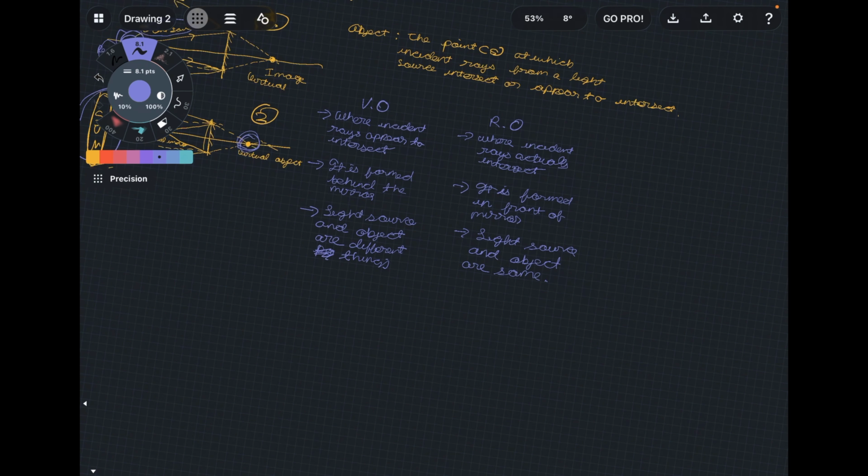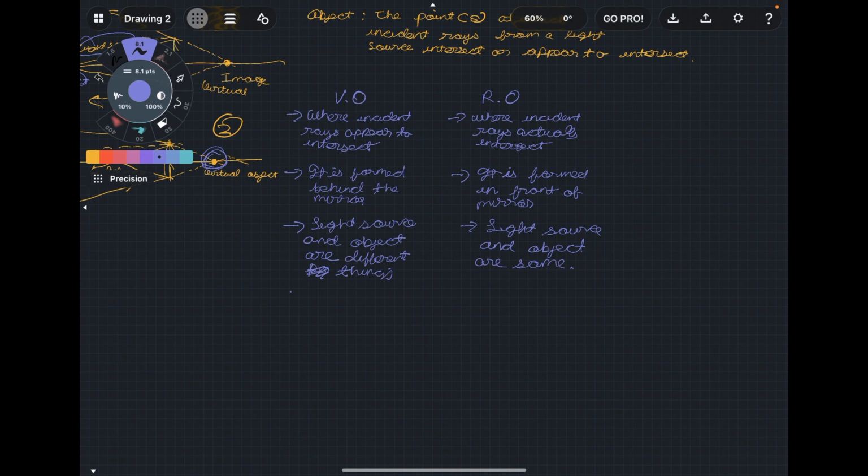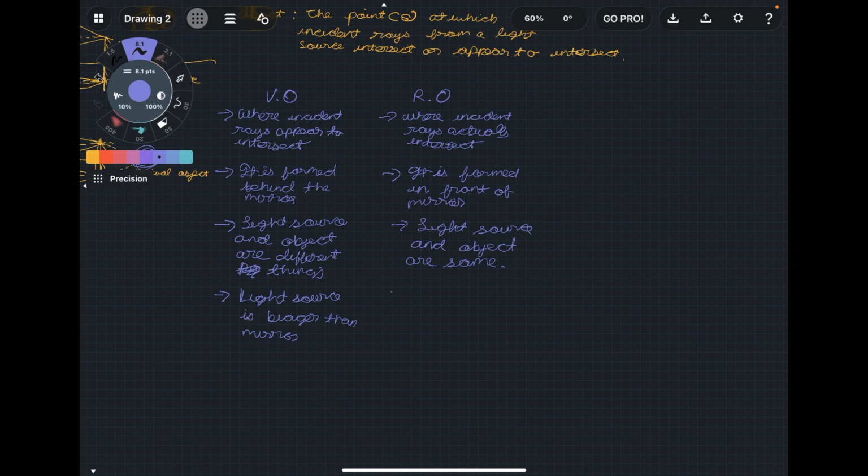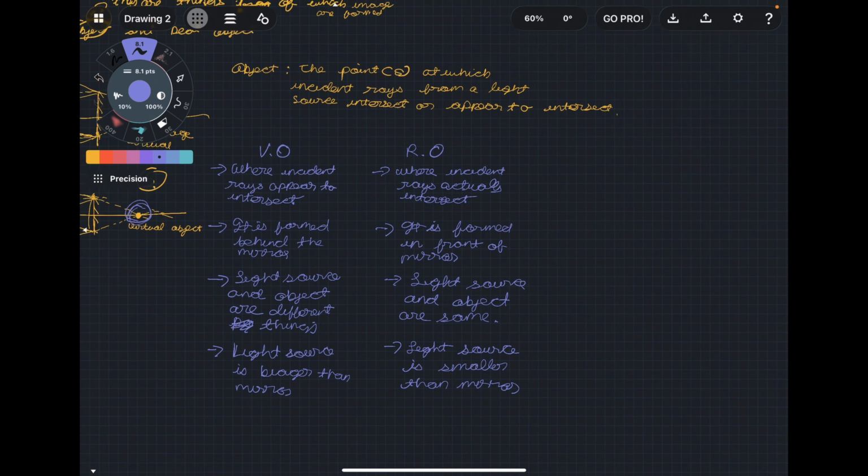So we can write: light source is bigger than mirror for the virtual object. Light source is smaller than mirror for the real object.